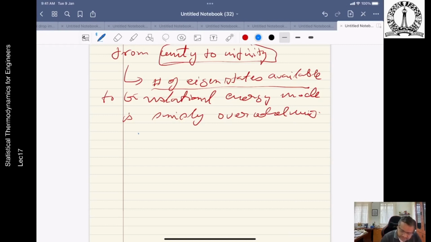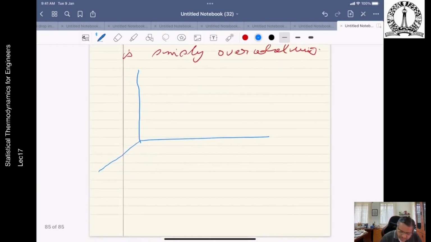So how to do that? Let's take a look at this. These are the different quantum number axes, n1, n2 and n3. This is a positive octant. So we represent each possible energy state by its own cube in the 3D quantum number space, like an octant.